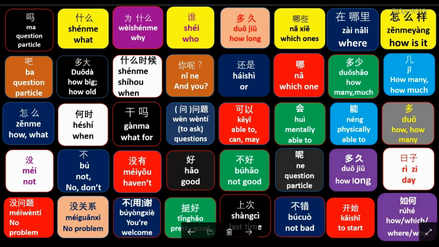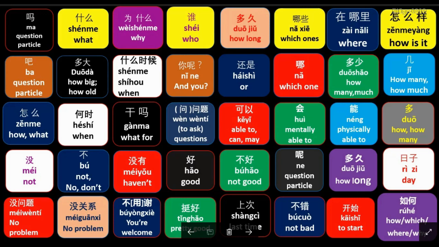If you remember this one here, at the very top, you would move 3 steps. 吗, 什么, and 为什么. Okay, 为什么, and then under 为什么 is 什么时候. That's when. 什么时候开始, the red one here where we are in the corner. 什么时候开始? What time do they start? 什么时候开始? What time do you start?